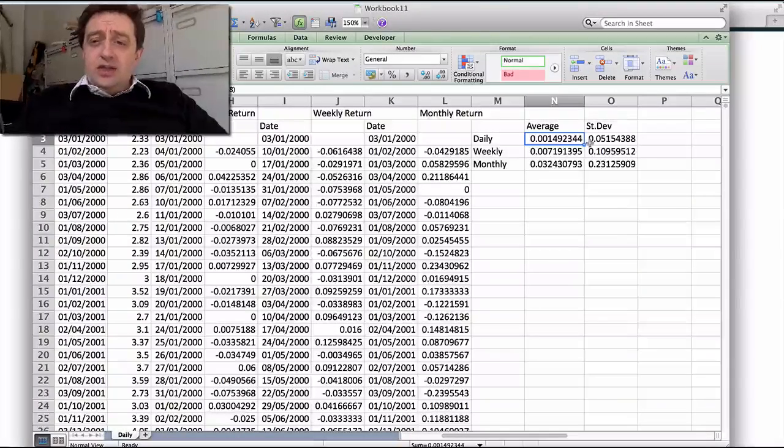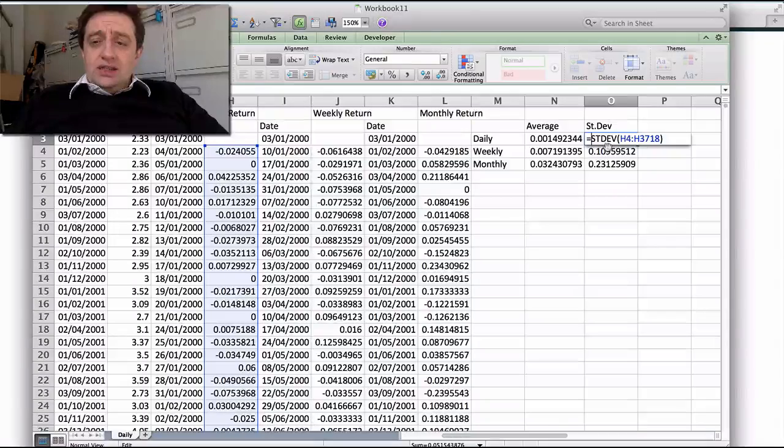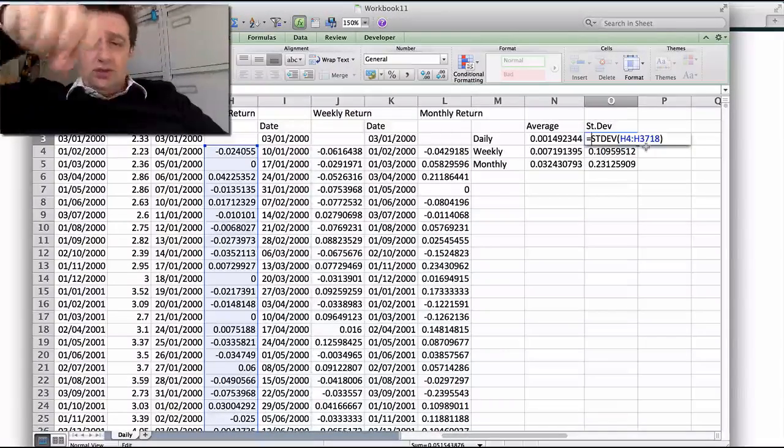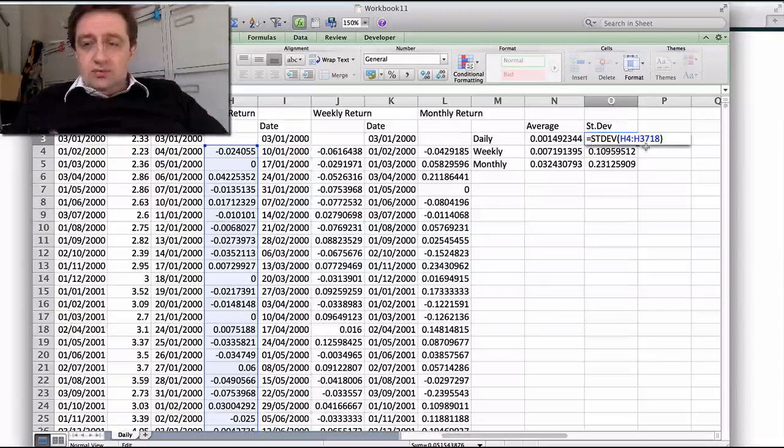The standard deviation formula is STDEV H4 to H3718. It's the same return series you're looking at. Depending on the version of Excel, the standard deviation formula may be slightly different, but for compatibility reasons, my version just uses the old standard deviation, but it's a sample standard deviation you should be using.